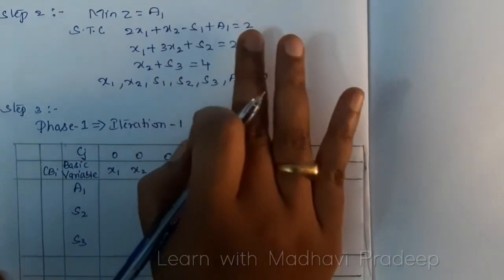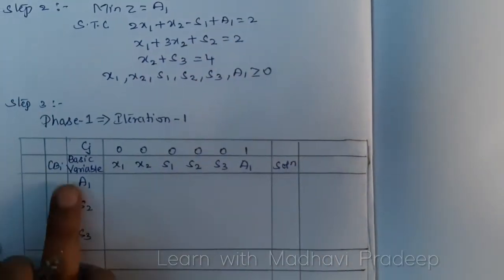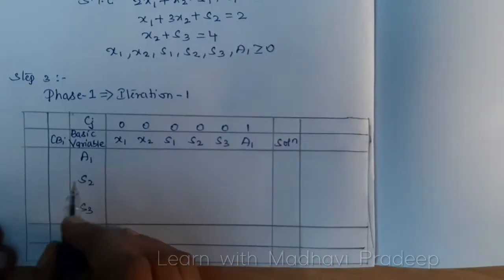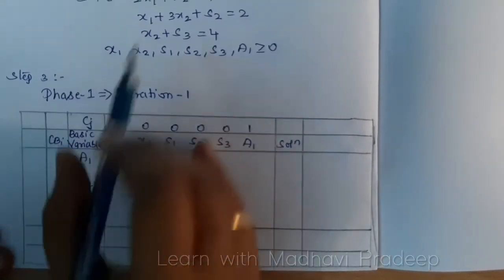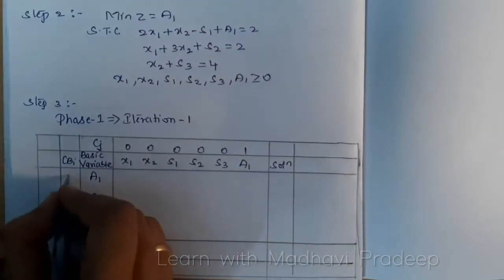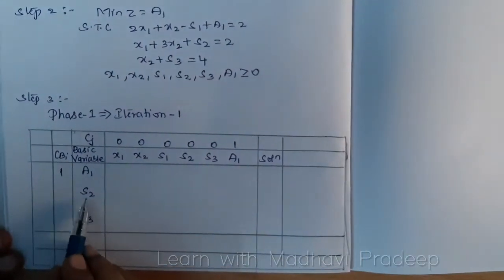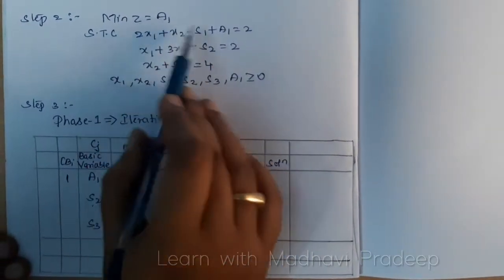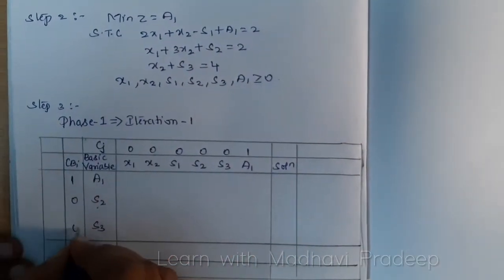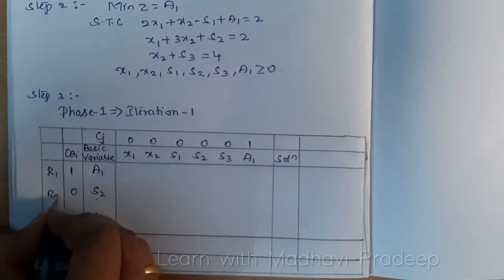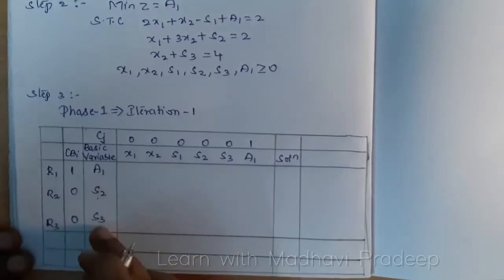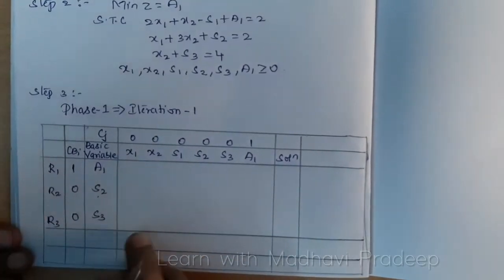If you don't have one, then you can write down the slack variable. That's what I have done here. Now the coefficient basic value for these variables: for a1, from the revised objective function we have 1. For s2, s3 we don't have them in the objective function, so the value is 0 here. And just write down these rows as R1, R2, R3.